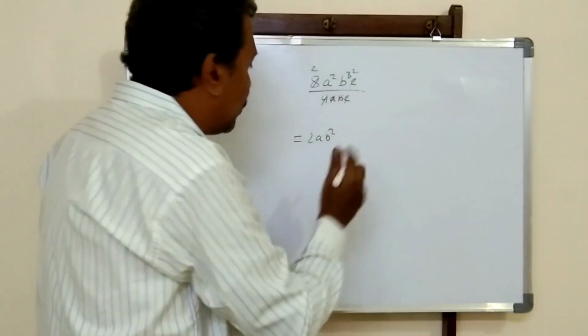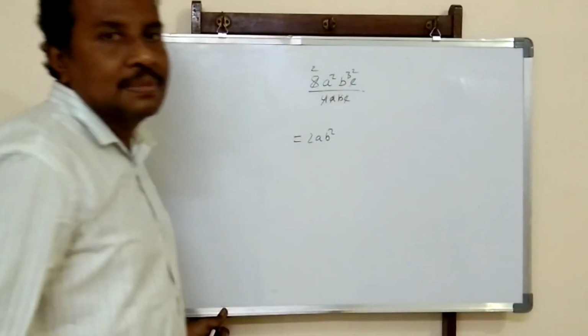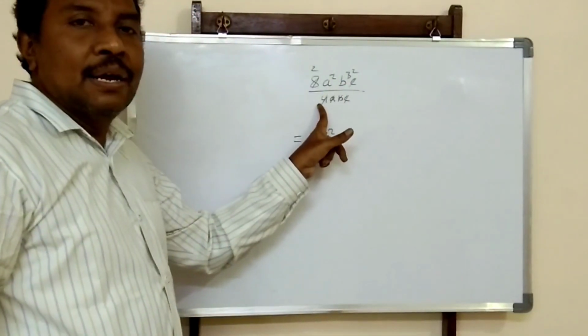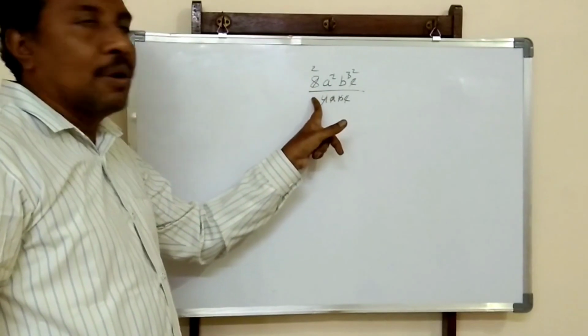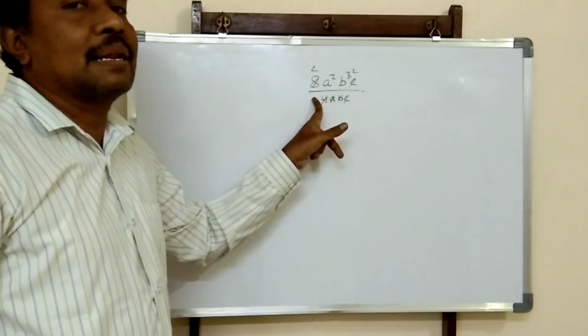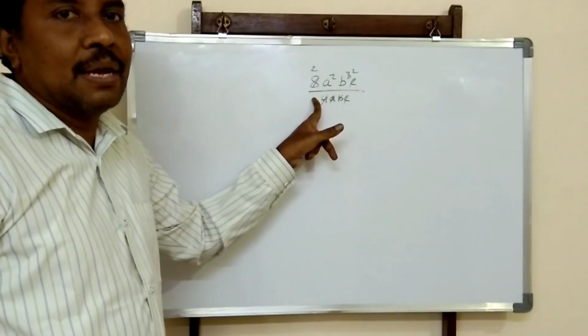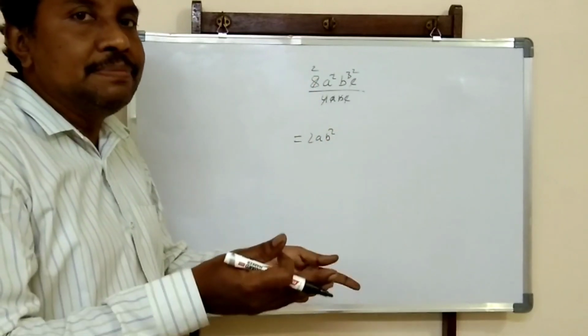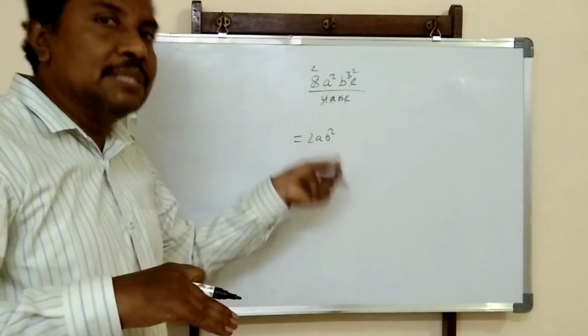So the answer is 2 a b square. Like this also you can divide a monomial with a monomial by simple cancellation. Expanded form is one method and simple cancellation is another method.